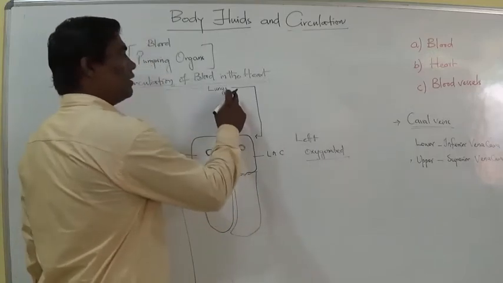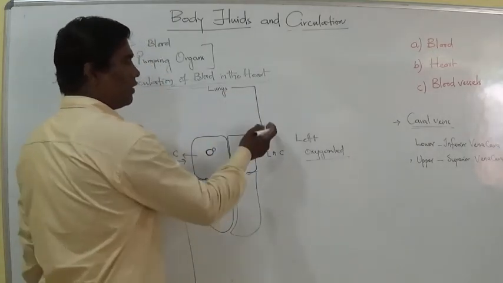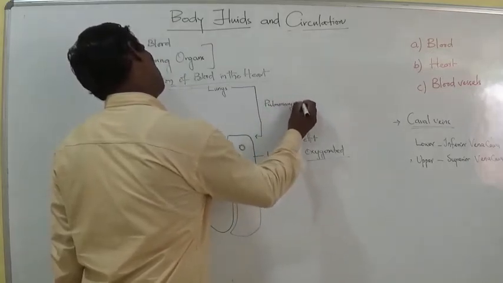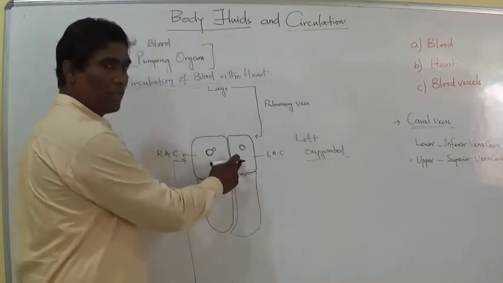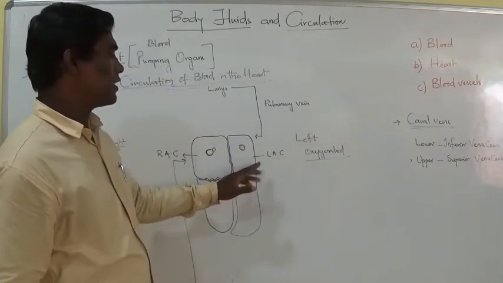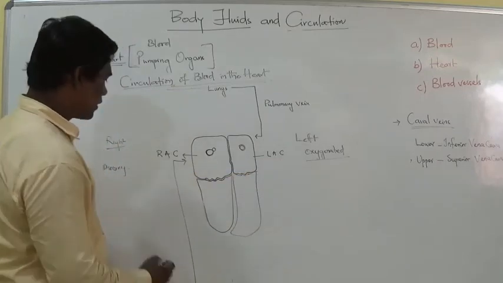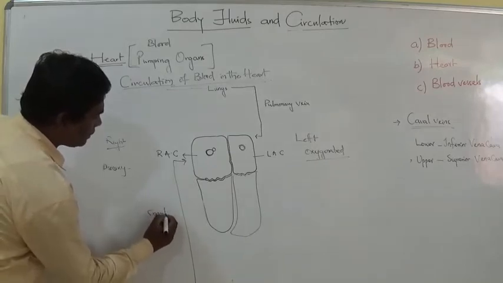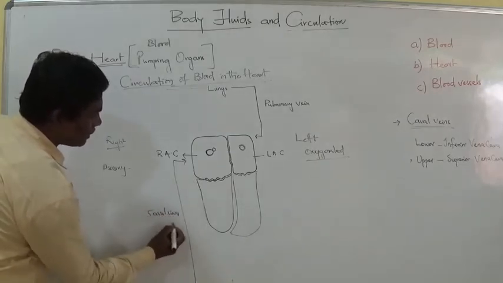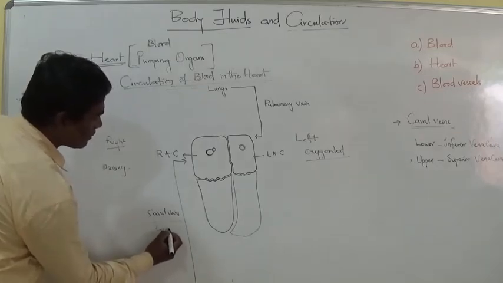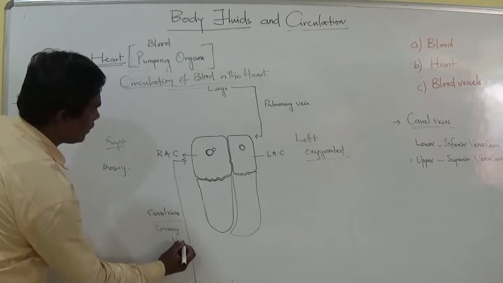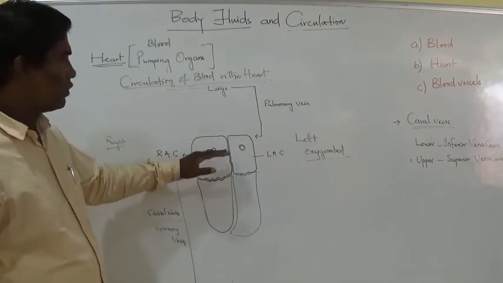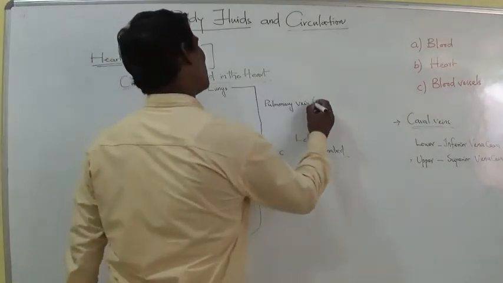At the same time, the lungs, after oxygenation, pour their oxygenated blood through the pulmonary veins into the left auricular chamber. The impure, deoxygenated blood from the caval veins as well as the coronary veins is poured into the right auricular chamber. So this all takes place in the resting state only.